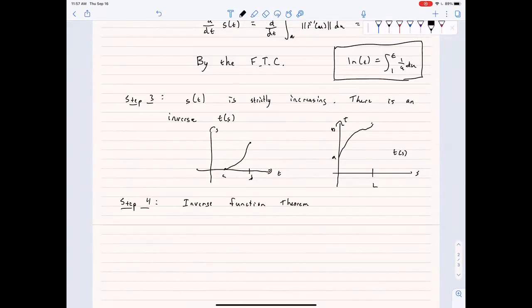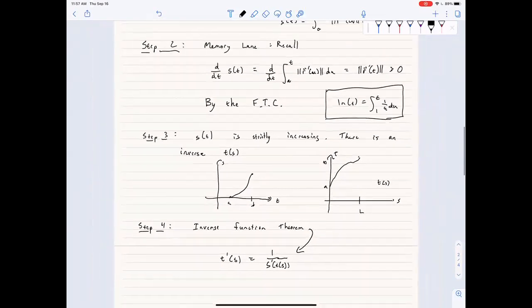But in one variable, it says that if I take the derivative of the inverse function, t prime of s, it's equal to 1 over the derivative of s at t of s. That we know. This is what the theorem says. This concludes the memory lane portion. This is all one variable calculus stuff.